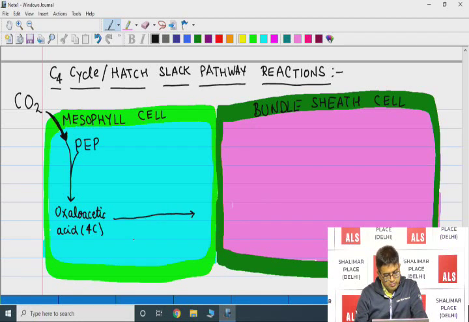And oxaloacetic acid undergoes a change with the help of NADPH2. NADPH2 gets converted into NADP plus, and oxaloacetic acid gets converted into something else called malic acid.